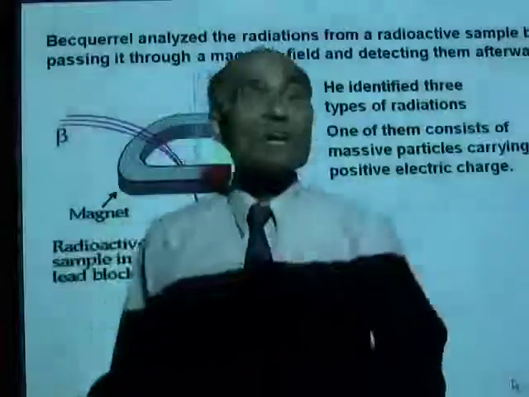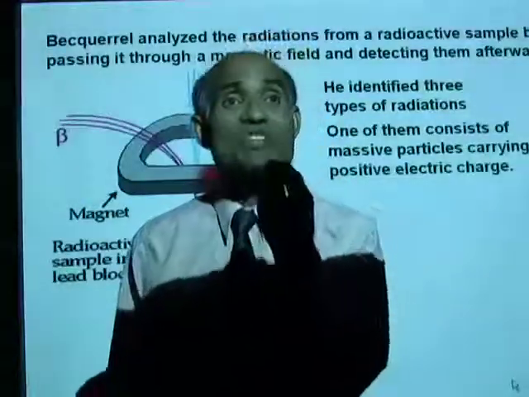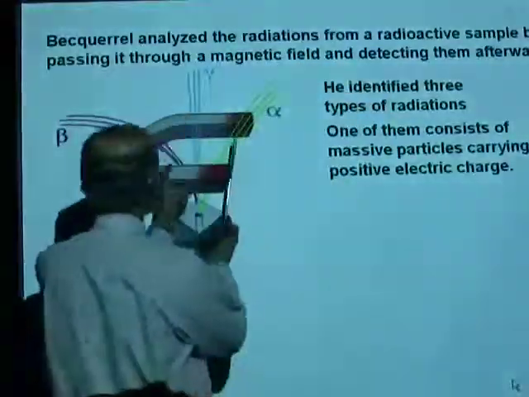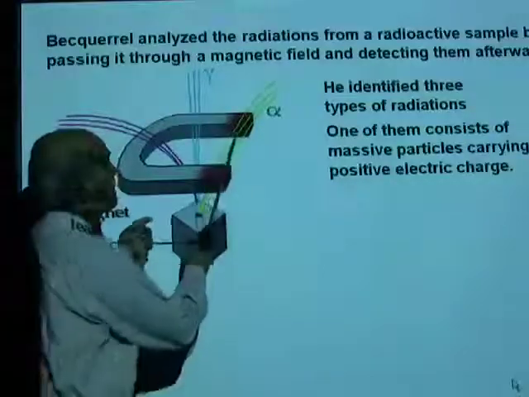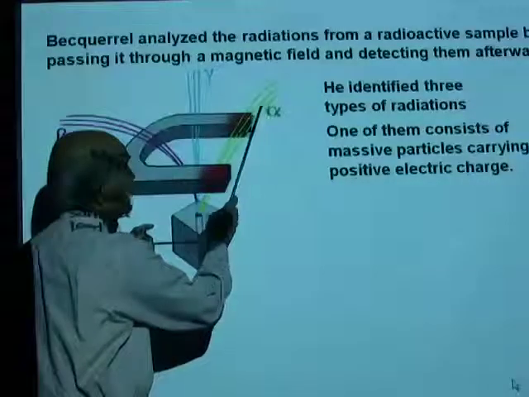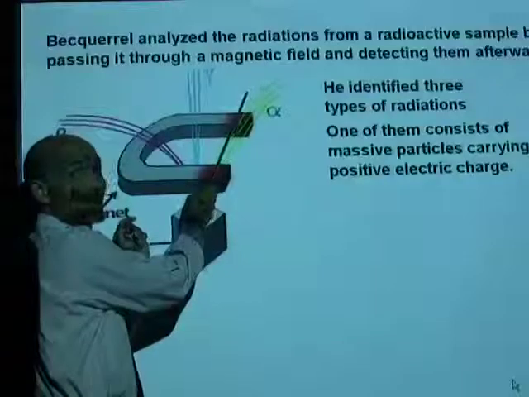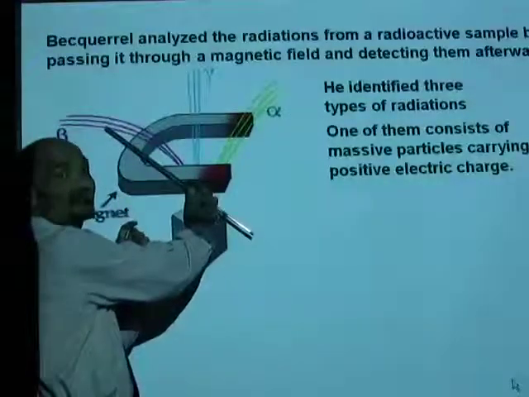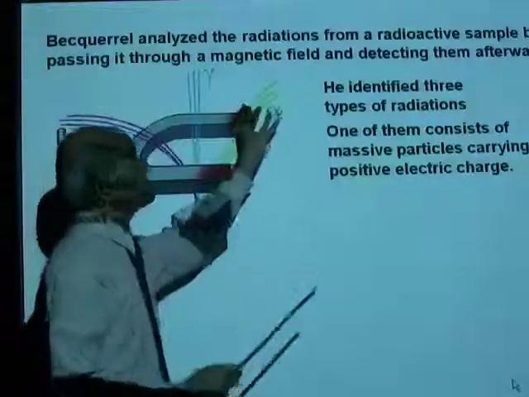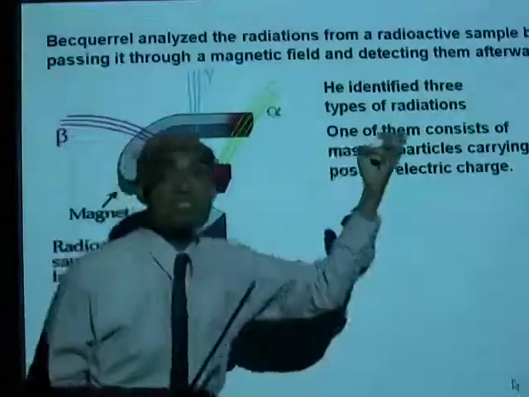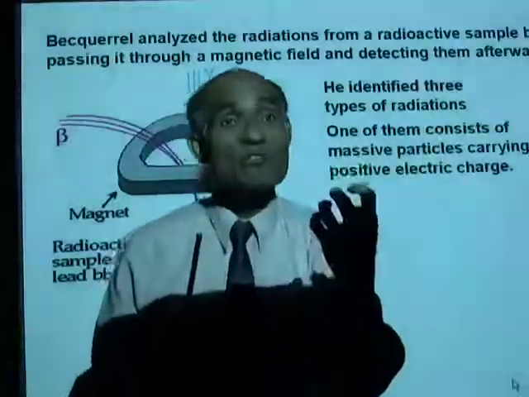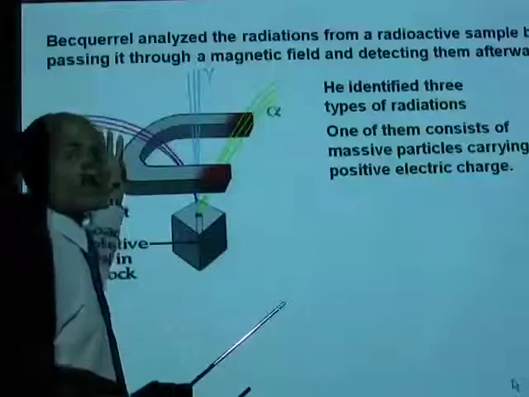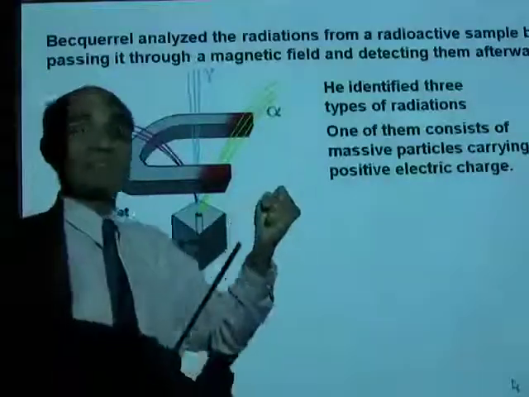One of them consists of massive positively charged particles. How do you know they are massive? If you look at this picture, these particles deflected to the right did not suffer as much deviation as the particles on the left. That suggests these particles may be massive, whereas the particles deflected to the left may be less massive.